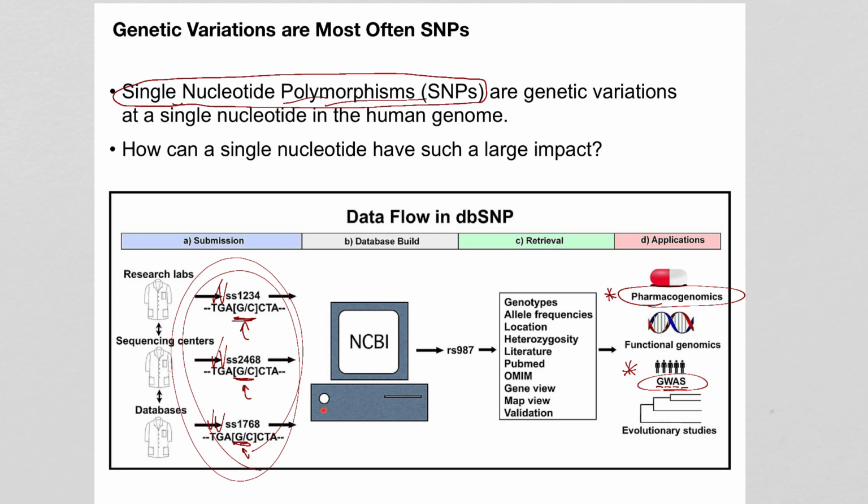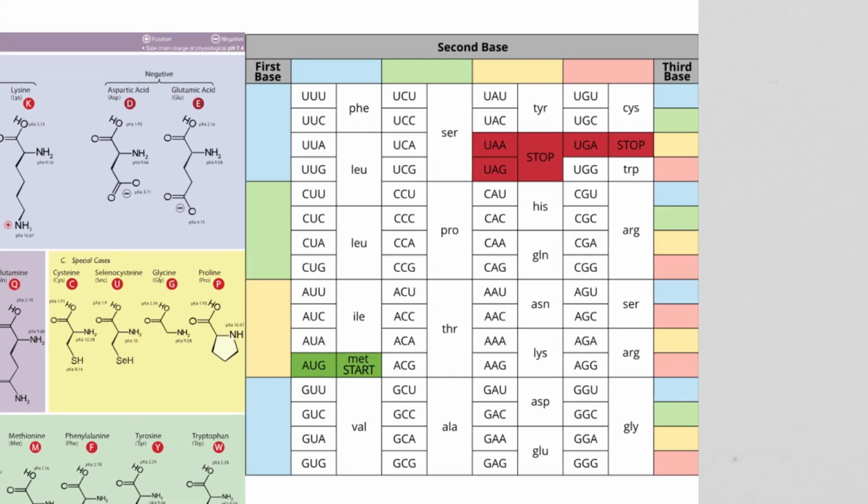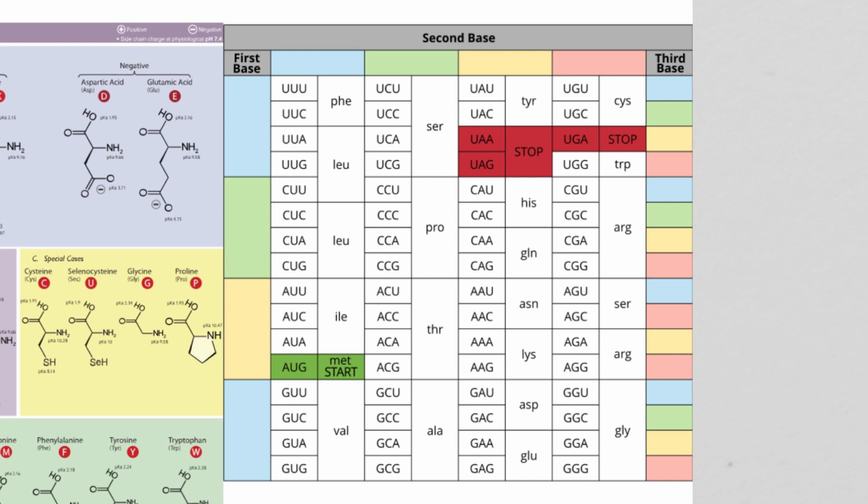So circling back to some more fundamental biology, how can a single nucleotide variation have such a big impact when there are about 3 billion nucleotides in a genome? Just as a reminder about some basic genetics, DNA sequence determines RNA sequence, and the RNA sequences that you're seeing here determine amino acid sequence. These codons from RNA determine the amino acids that make up proteins, right?